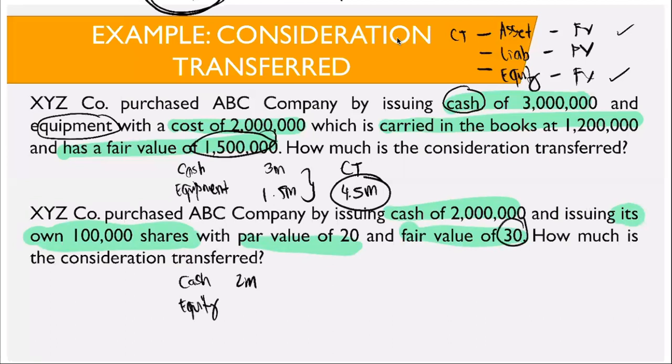The fair value is 30. How many shares? 100,000. 30 times 100,000 will give us 3 million. So 2 million plus 3 million, the consideration transferred is 5 million pesos. Okay? Nakakasunod?